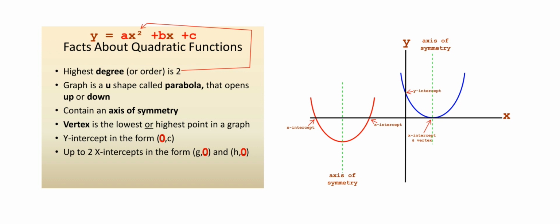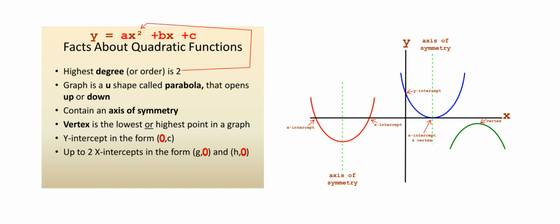Do notice, for both of these cases, your vertex is the lowest point, at the very bottom. But how about if we have something that's upside down, something like this? In this case, we had 1 x-intercept for the blue line. Now the green line. There is our vertex, and it's the highest point for this case.